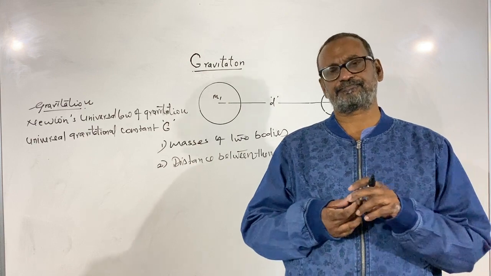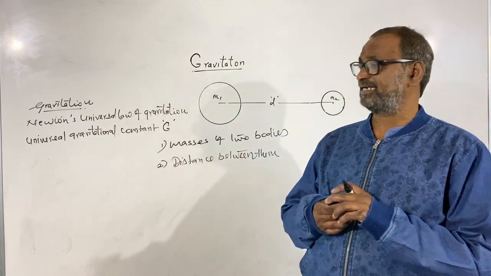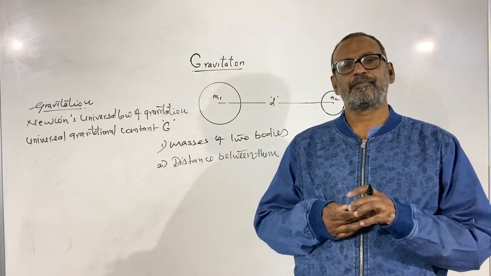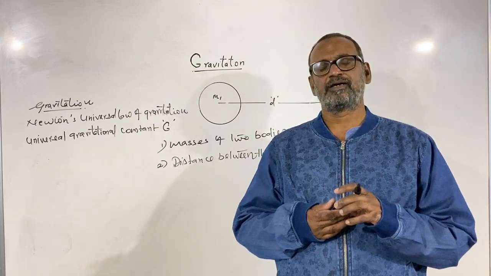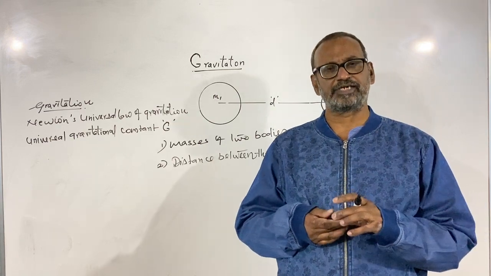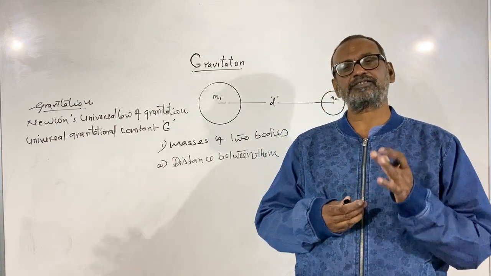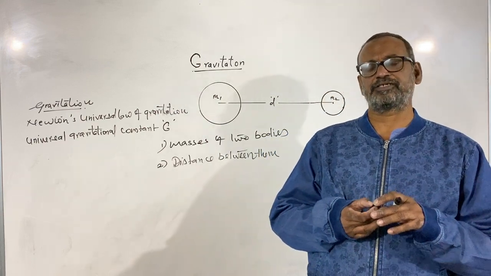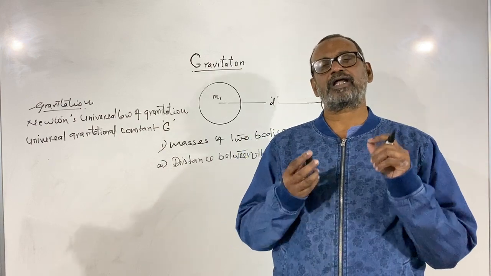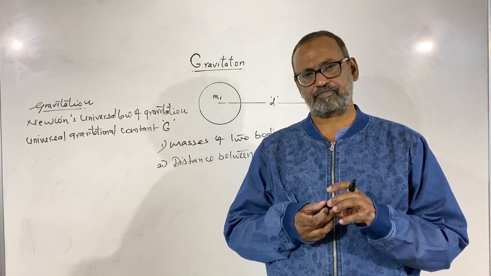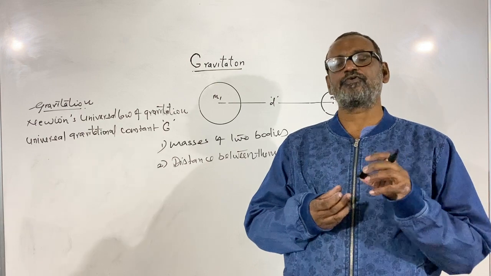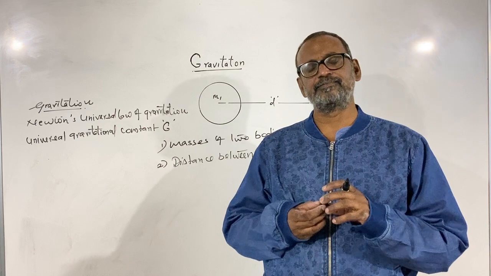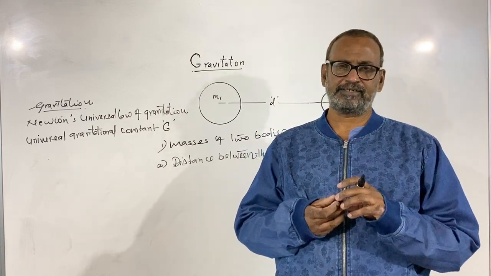It states that gravitational force between two bodies is directly proportional to the product of their masses and inversely proportional to the square of the distance between them. This force always acts along the line joining their centers.